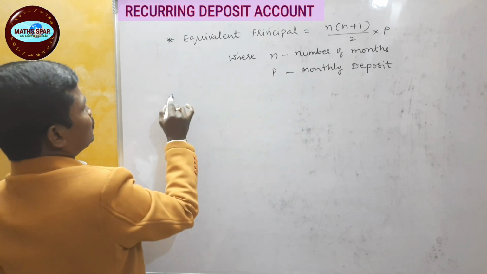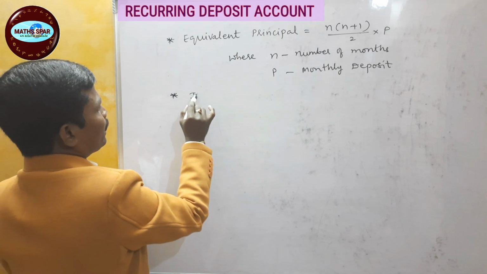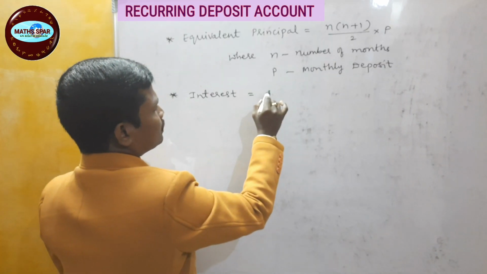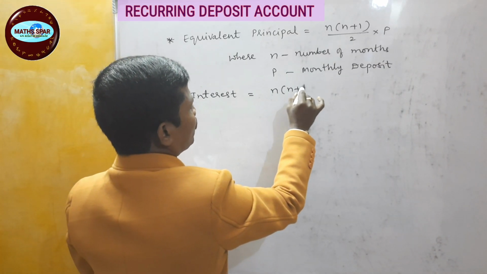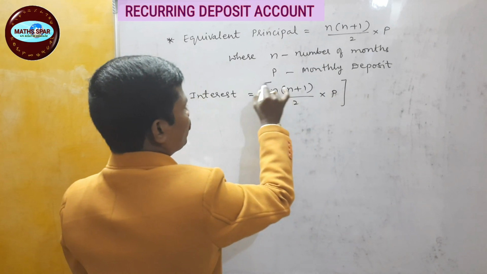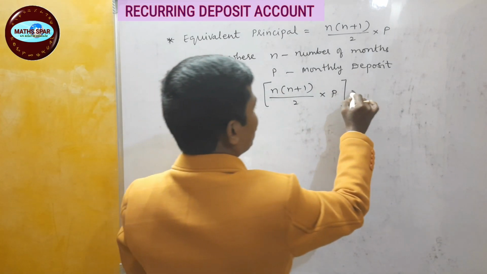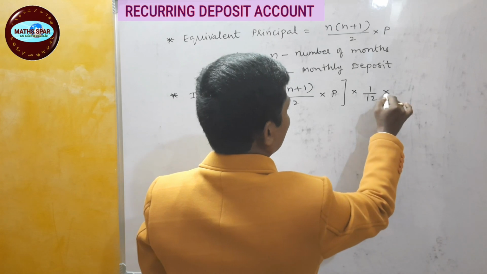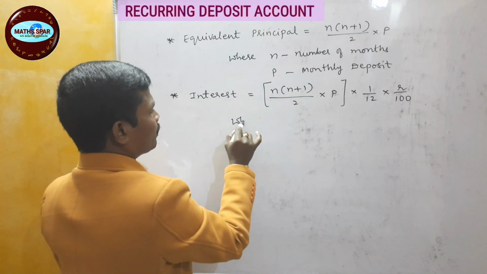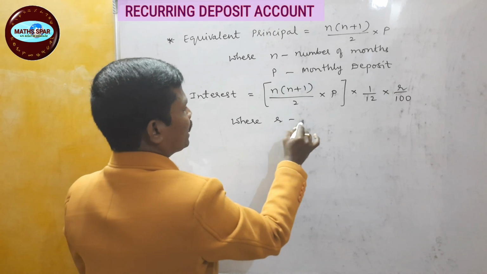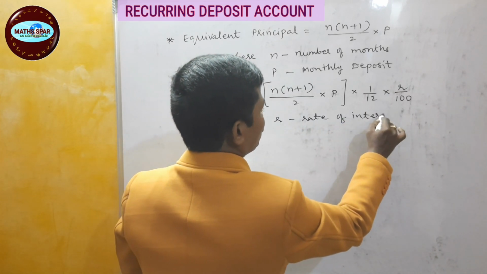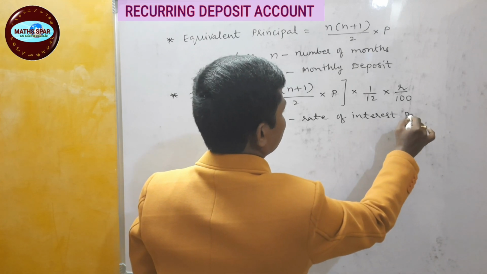Then second formula is for finding interest, that is n into n plus 1 by 2 into P, which is equivalent principal, into 1 by 12 into R by 100, where R stands for rate of interest per annum.